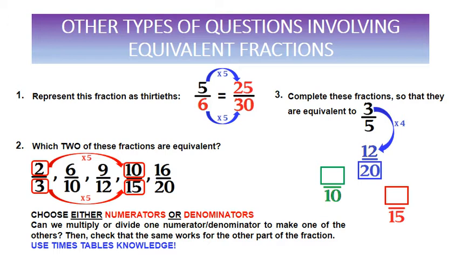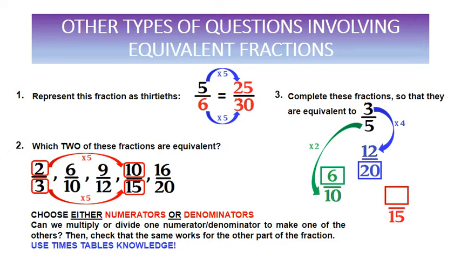Now let's look at the tenths. I need now to find the numerator, but I've got both the denominators. I've got a 5 and I've got a 10. So I've multiplied the 5 by 2 to get the 10 denominator. So if I take the 3 from the 3/5 and multiply the 3 by 2, that's going to give me the missing numerator, which is 6.